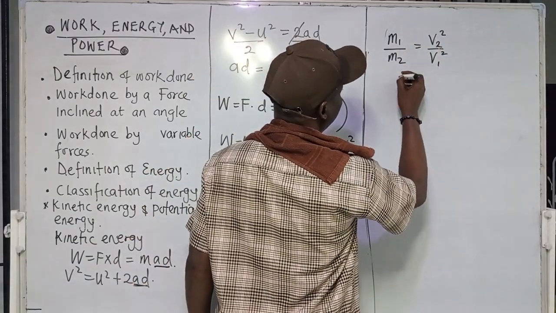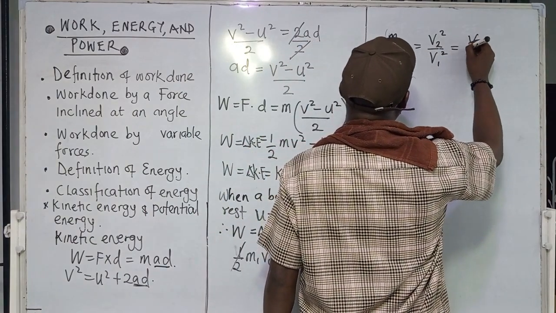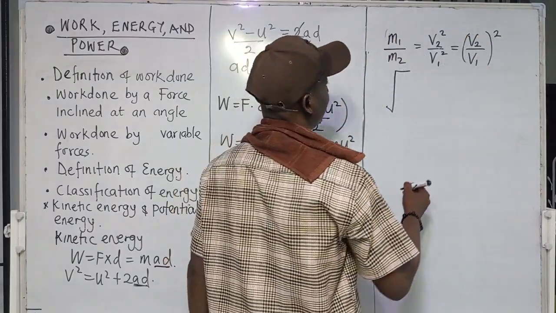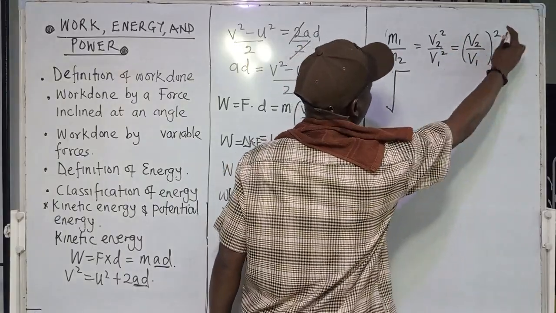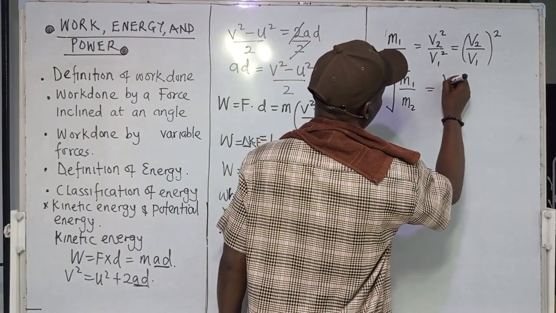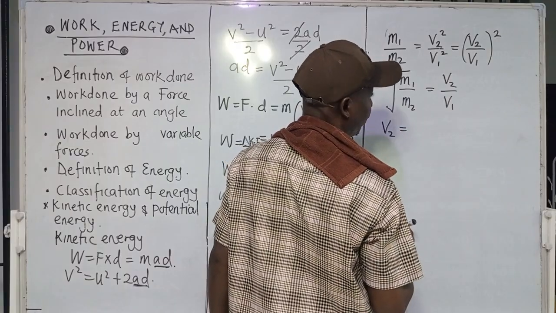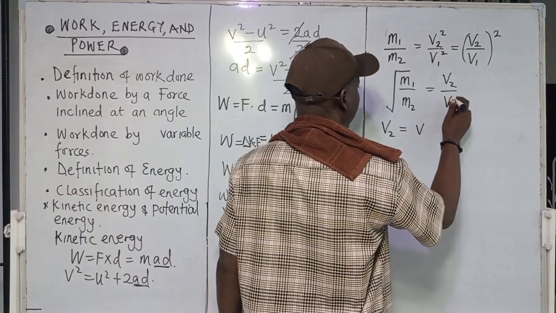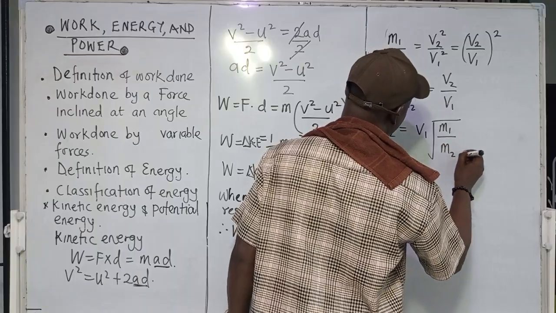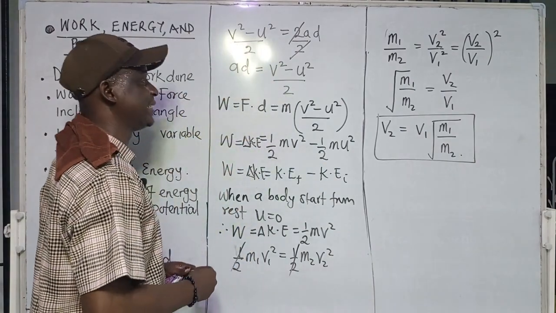So if I take the square root of both sides to remove the square, what do you have? m1 over m2 equal to v2 over v1, where v2 is the velocity of the second body. So v1 over v2 is the square root of m2 over m1. Take note of that if you have two bodies having the same kinetic energy.